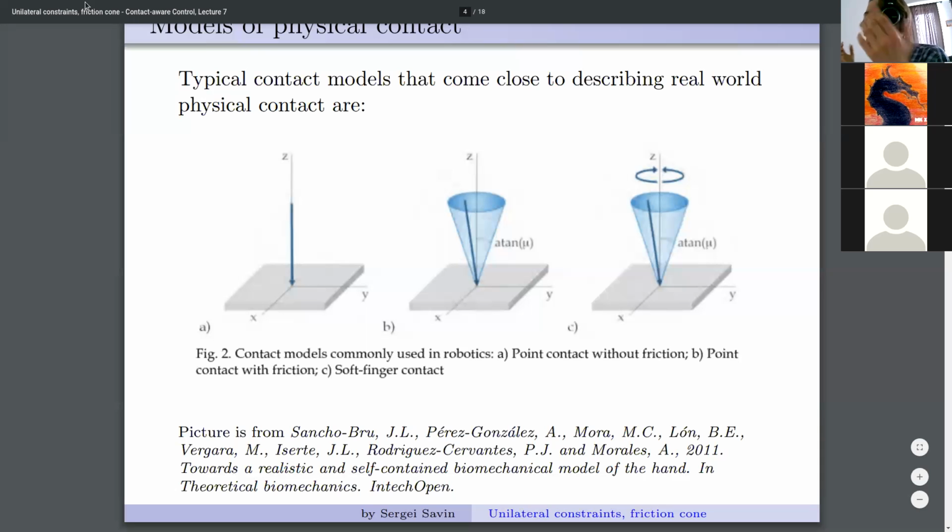But here is the thing. In real life, friction is usually lower than or equal to reaction force, so this sharp cone is a good description. The angle of the cone that you can see on the figure is arctangent of mu. This angle is the arctangent of the friction coefficient. So that's the physical interpretation.